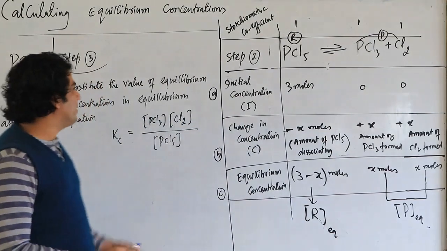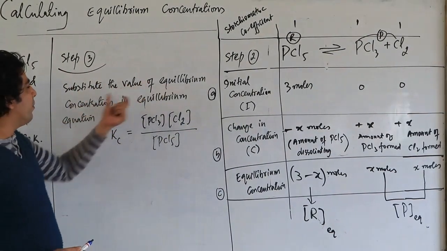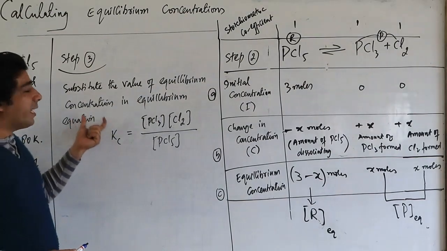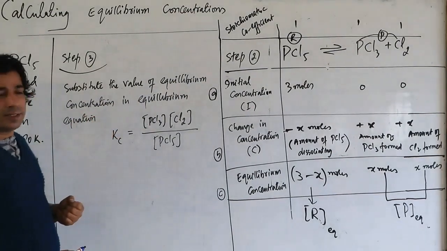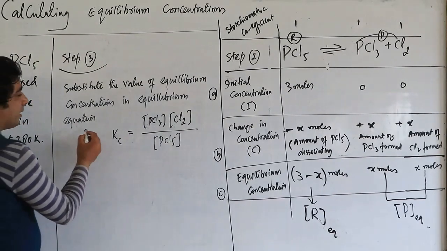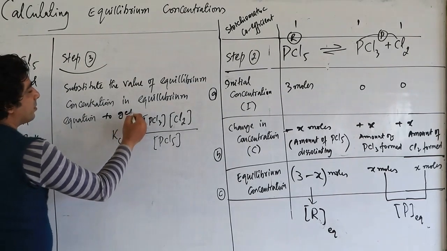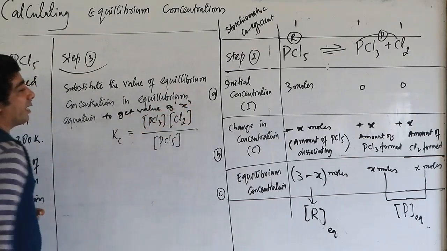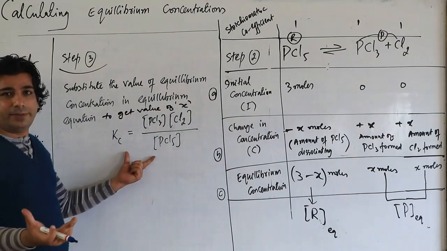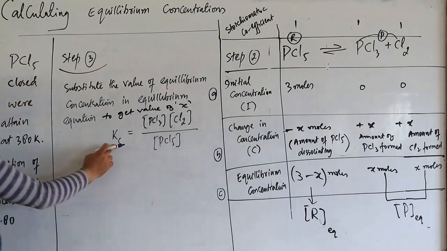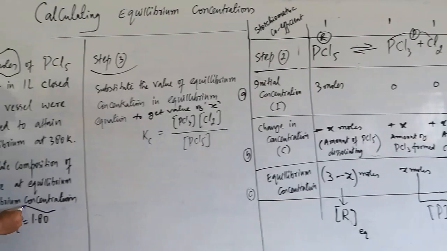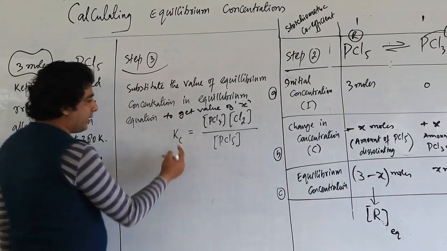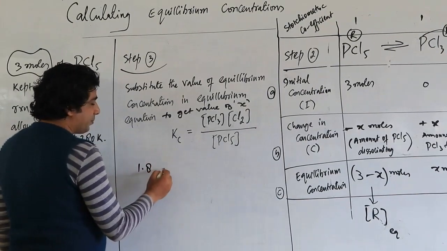So what is my point? Substitute the value of equilibrium concentrations in the equilibrium equation to get the value of x. So I can find out x through this expression. Let us see. Kc value we know already. Kc value is given to me. Have a look here. Kc is 1.80. So Kc is 1.8.